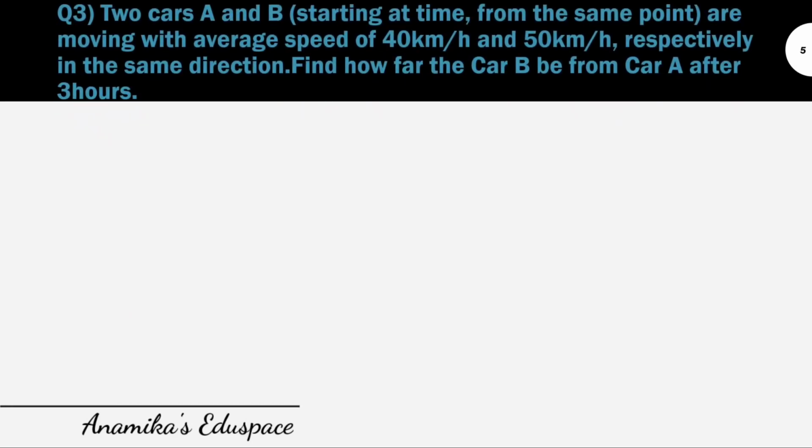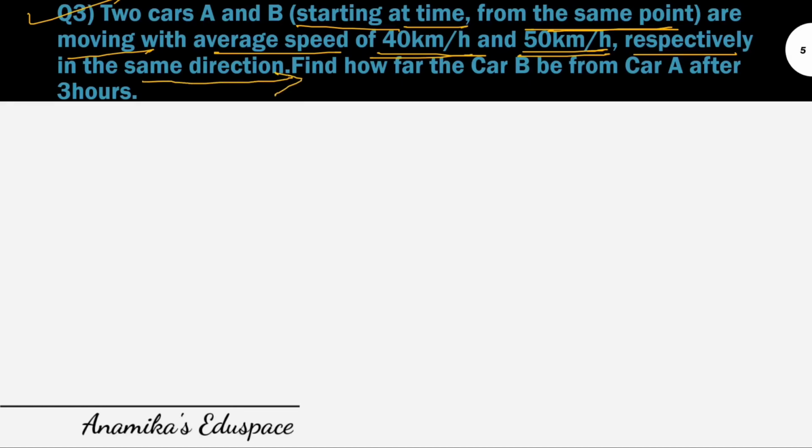Next question. Two cars A and B, starting at the same time from the same point, are moving with average speeds of 40 kilometers per hour and 50 kilometers per hour respectively, in the same direction. Now find how far car B is from car A after 3 hours.